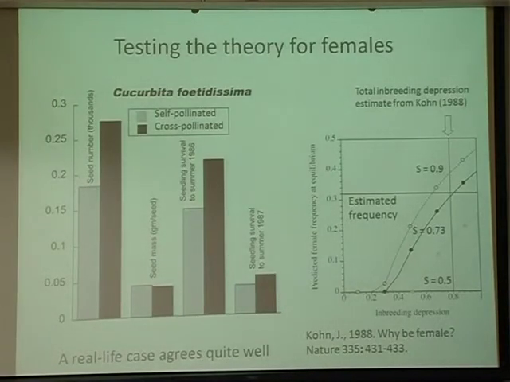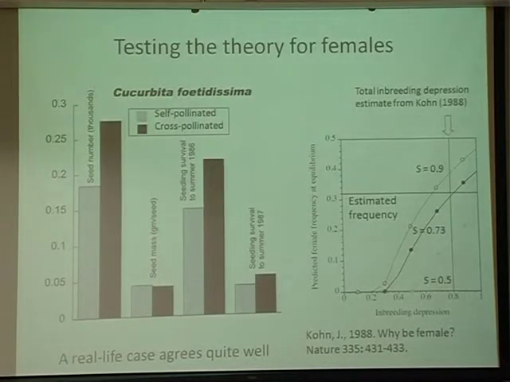And he detected inbreeding depression at various stages of the life cycle. Self-pollinated plants of the co-sex produce fewer seeds than if you do a cross-pollination. The seeds seem to survive equally well, more or less, but the young plants survived worse if they were self-pollinated.